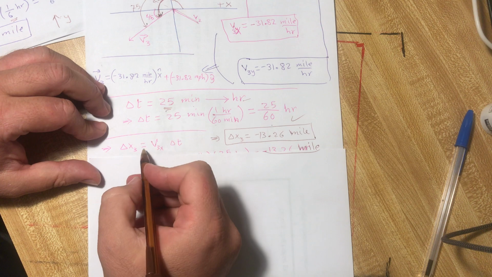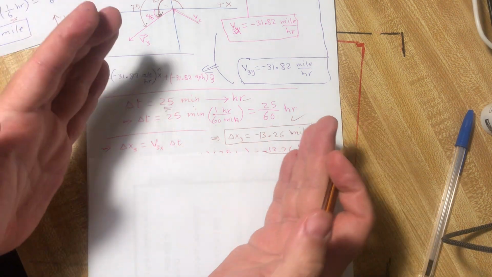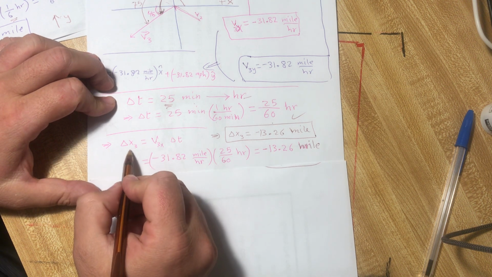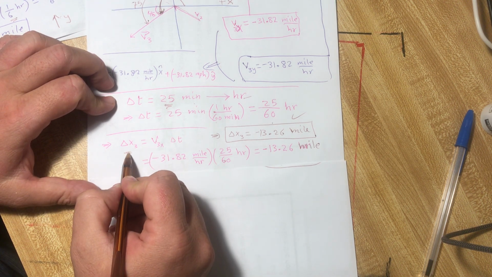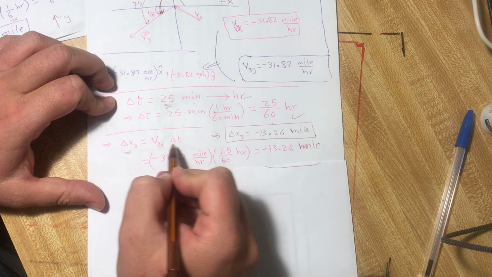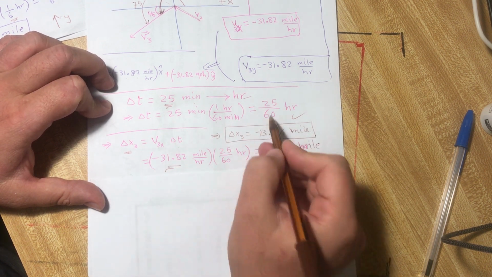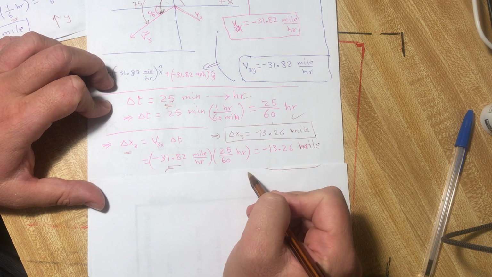Okay, I can compute the x component, or the change in position in the x direction for the third stage, using this law, which is x equals the velocity multiplied by the time. The velocity is negative 31.82, and this is the time, 25 over 60.